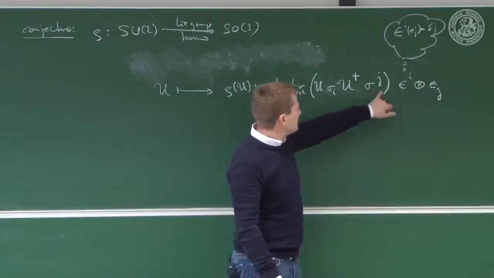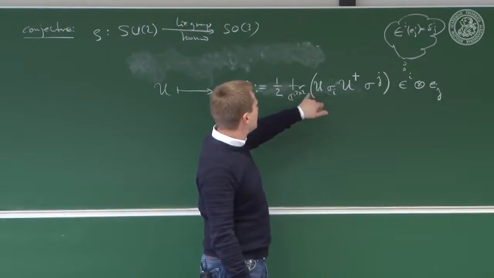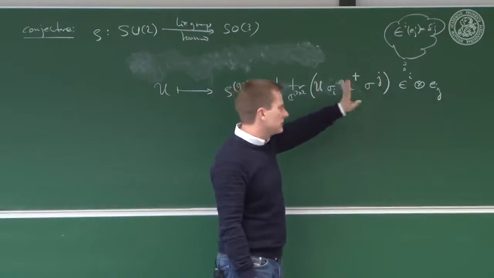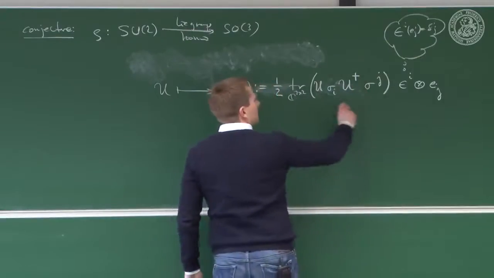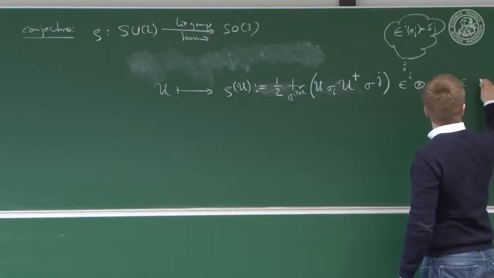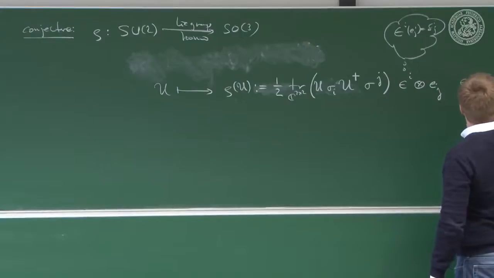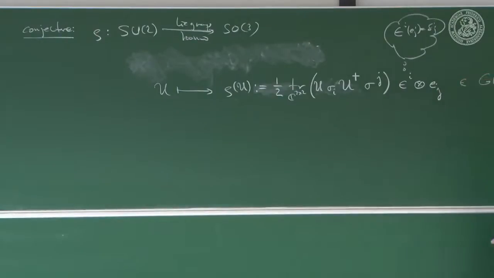This is a complex matrix, okay? But the trace of it is real. One can check that. So I have real numbers, IJ. So this whole thing is an element of GL3R for sure, because this eats a vector and this spits out a vector.